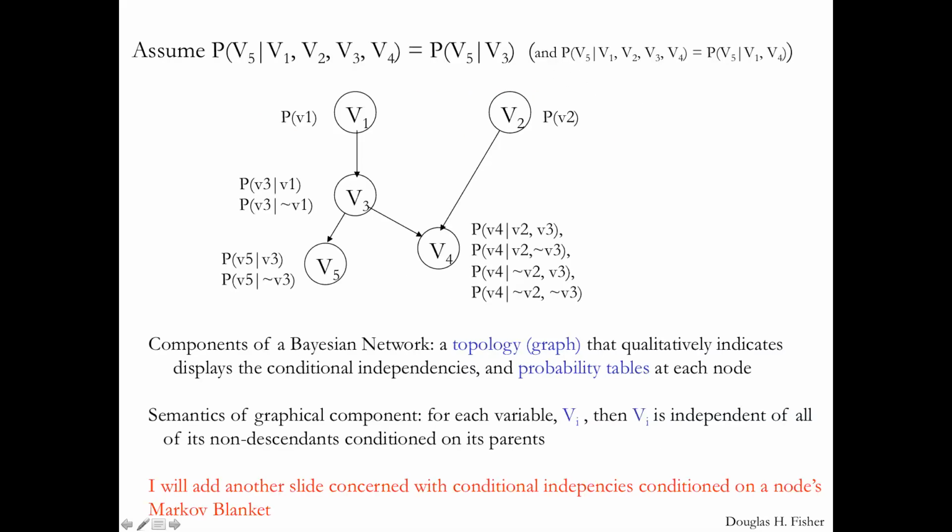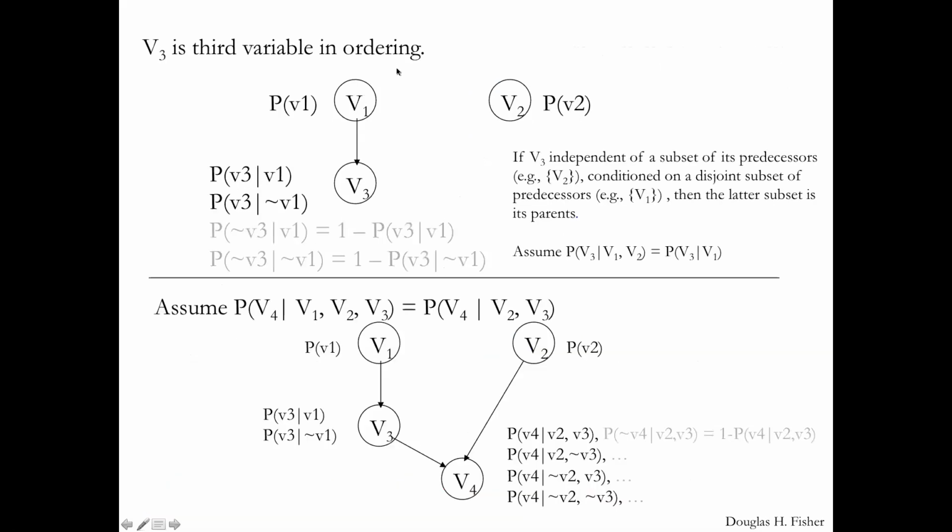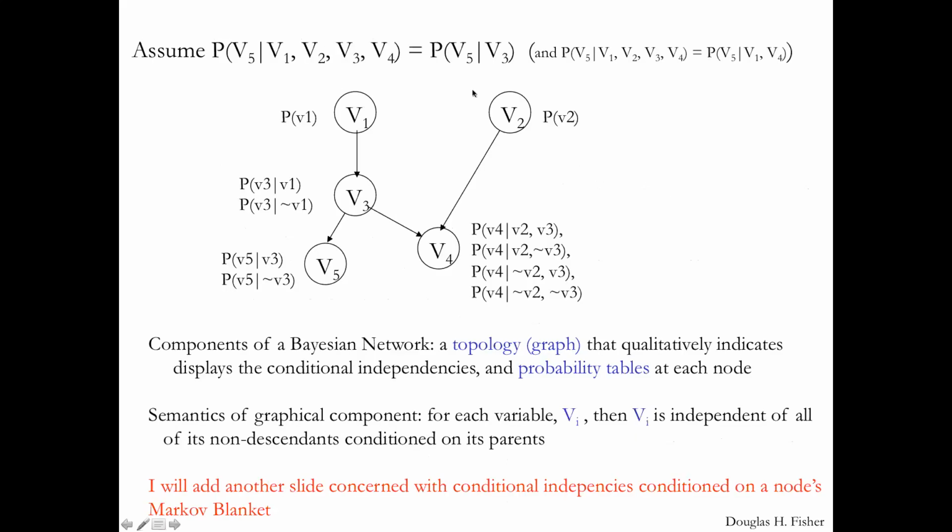One thing to note is that when we go back and evaluate these subsets, there may be more than one way of identifying subsets of predecessors that are not necessary, conditioned on predecessors that are necessary. So there might be a choice.